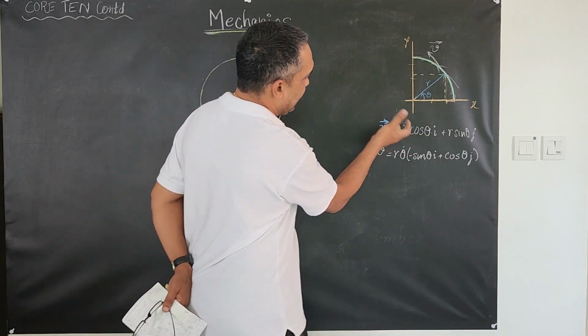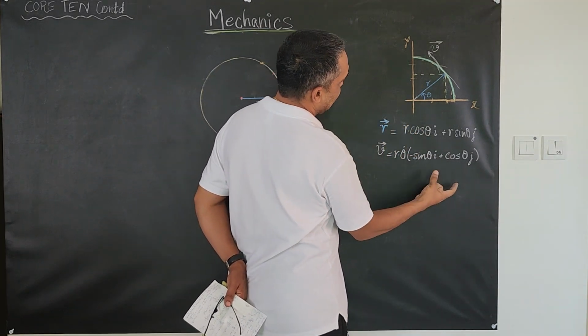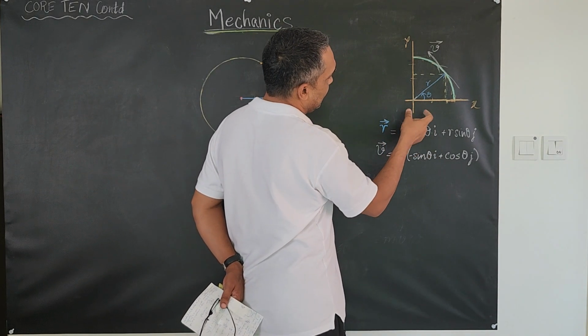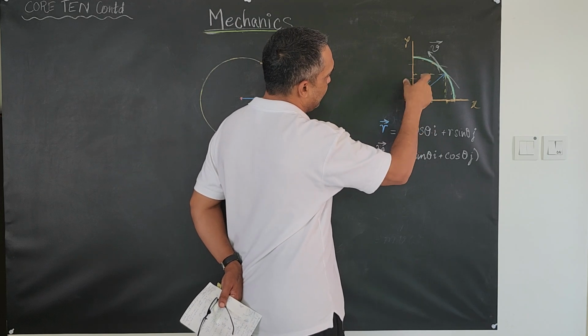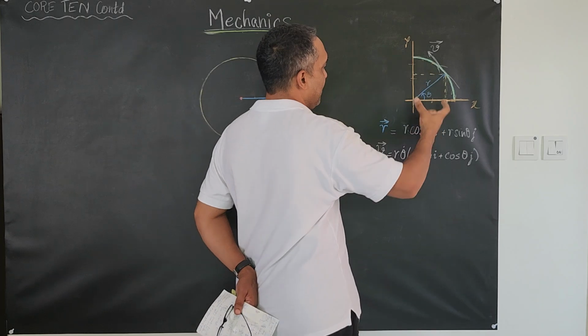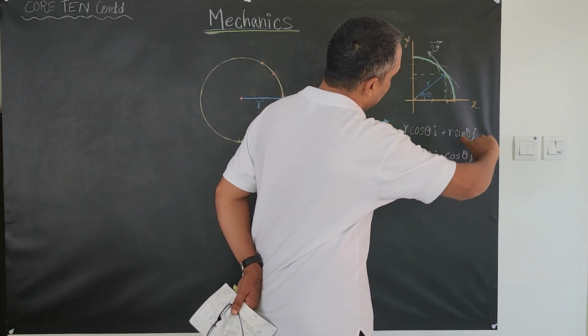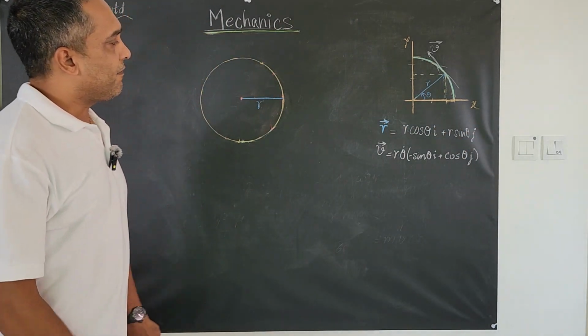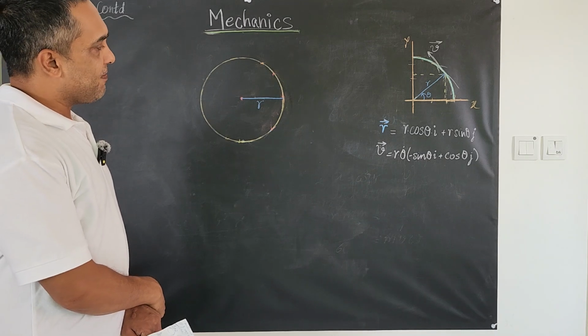You'll see that it's the negative sine theta and the positive cos theta on the y. So this cosine theta value is here, and the sine theta is on this side. So it's like taking the other direction of the displacement vector.